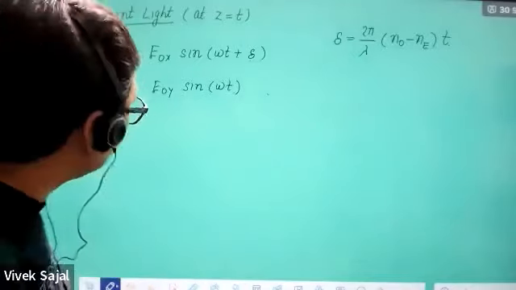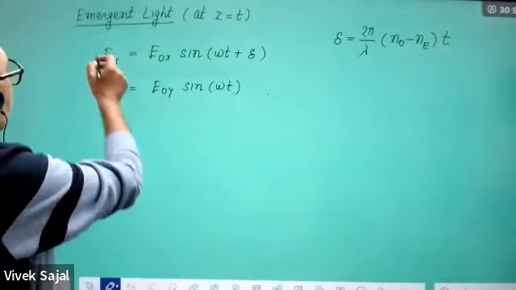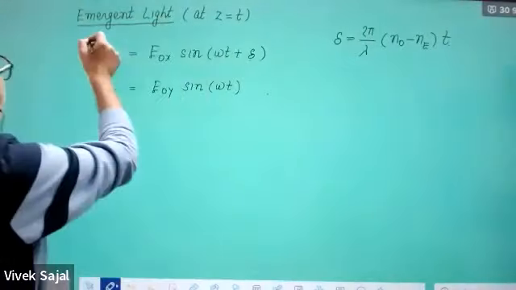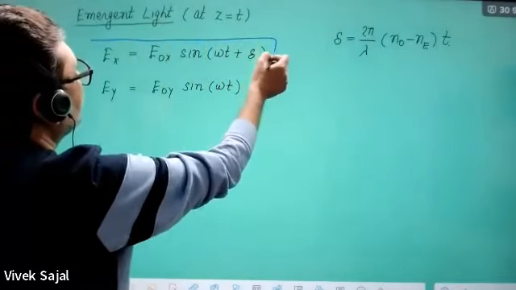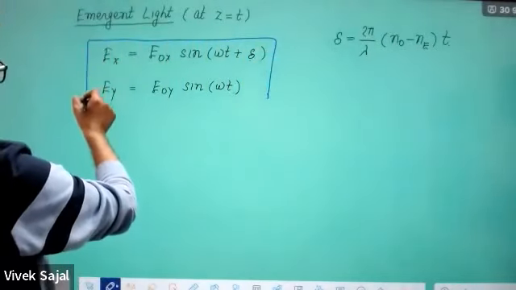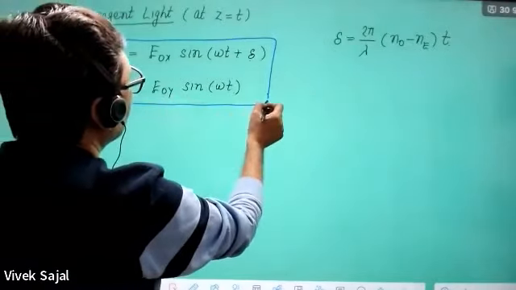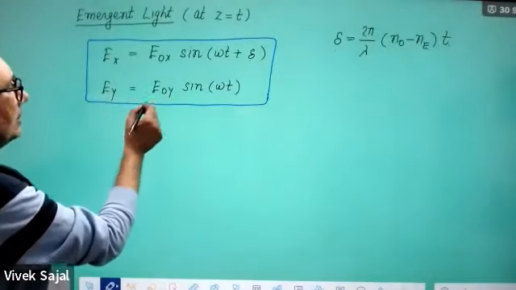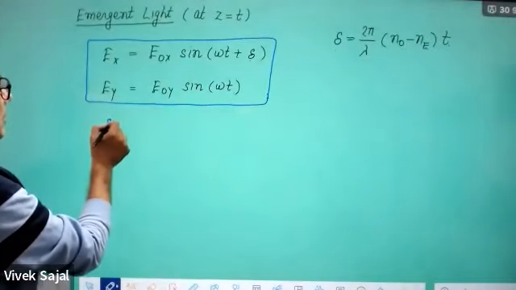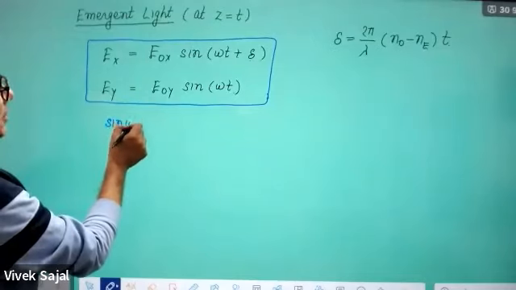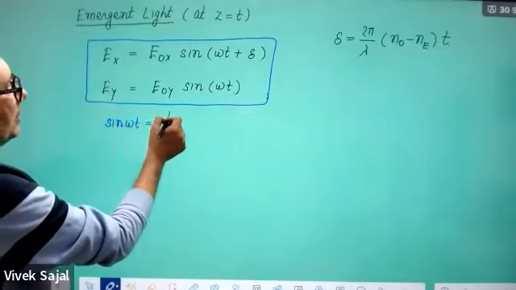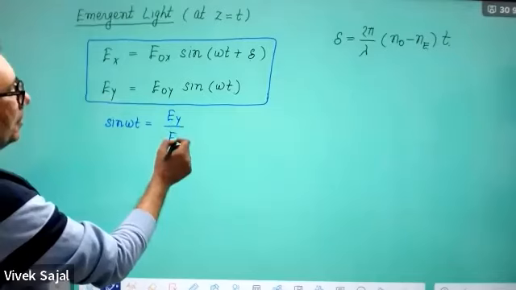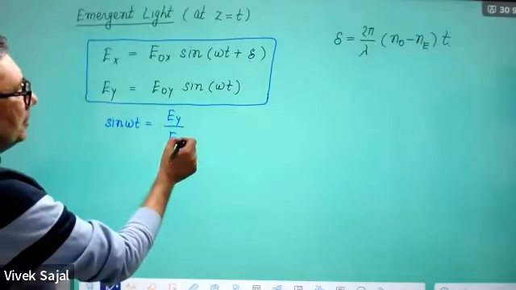How do I know this? For that purpose, this is the emergent light. Now I can write sine omega t as Ey upon E naught y. I'm just doing very simple algebra here.